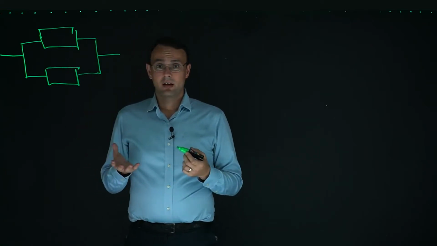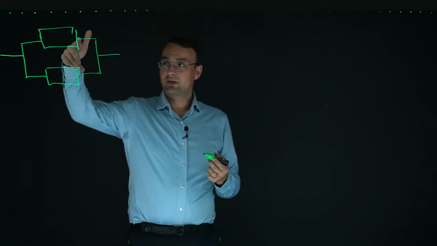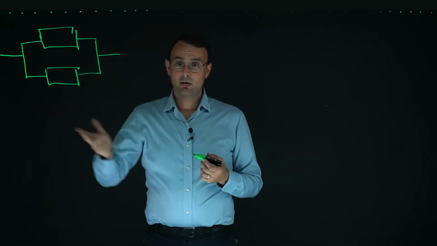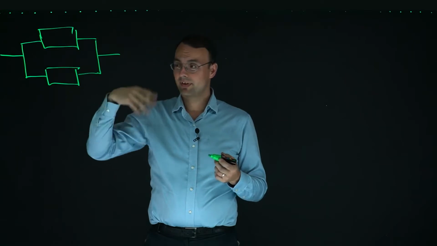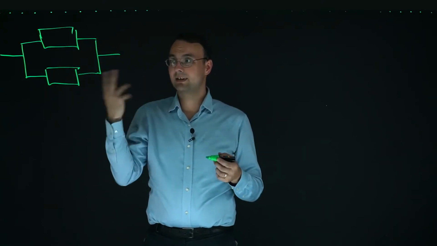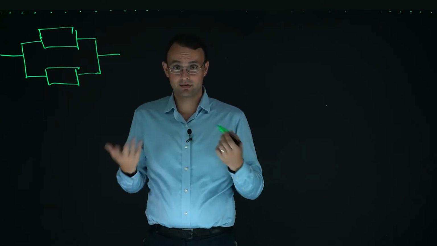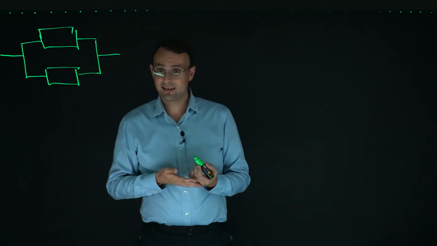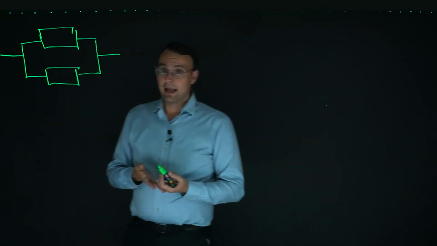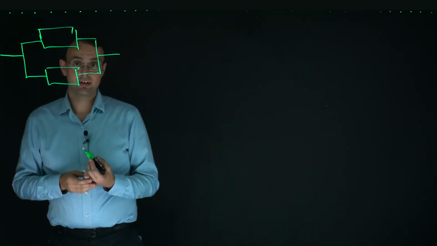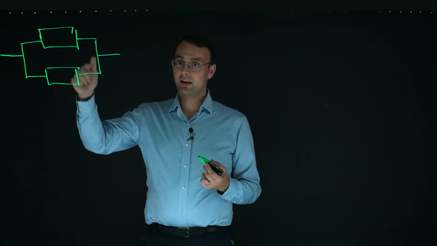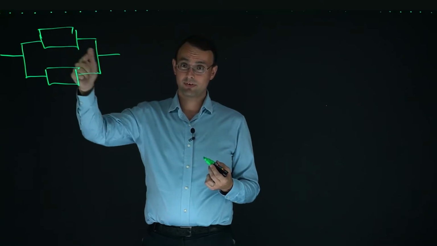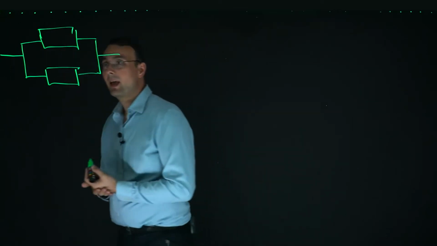That may be 2 elements of an electric chain, or 2 cash desks at a shop, so that the shop is working if at least one of 2 cash desks is at service, and so on. It doesn't matter. The main thing is that the system is working if at least one of the 2 elements is working.